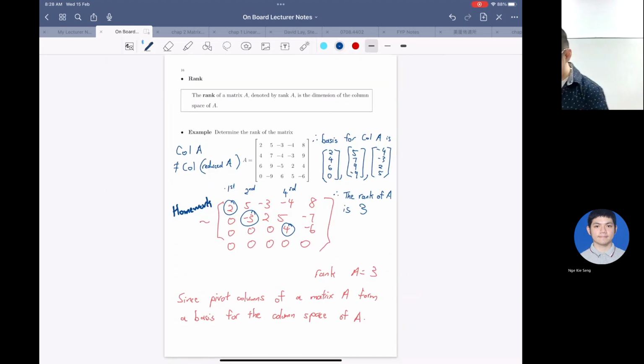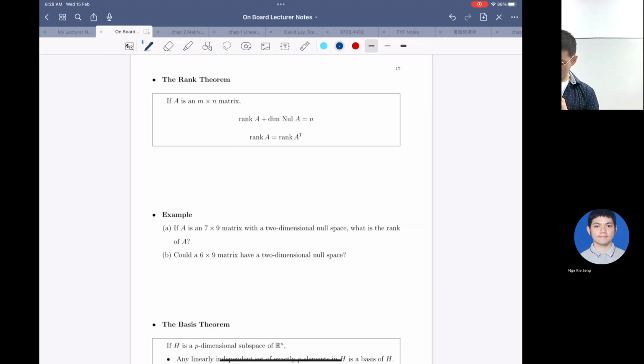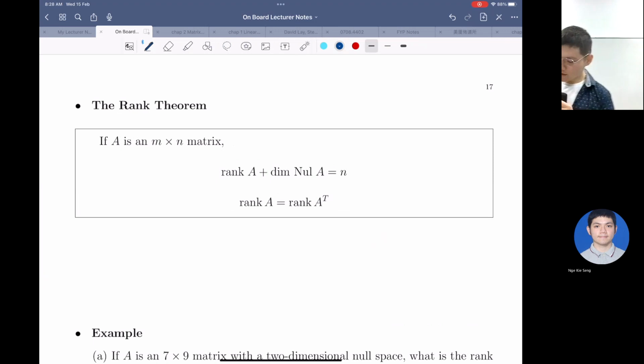Okay, so the pivot columns of matrix A form a basis for the column space of A. Okay, so far still okay? Okay, how about this part here? The rank theorem.